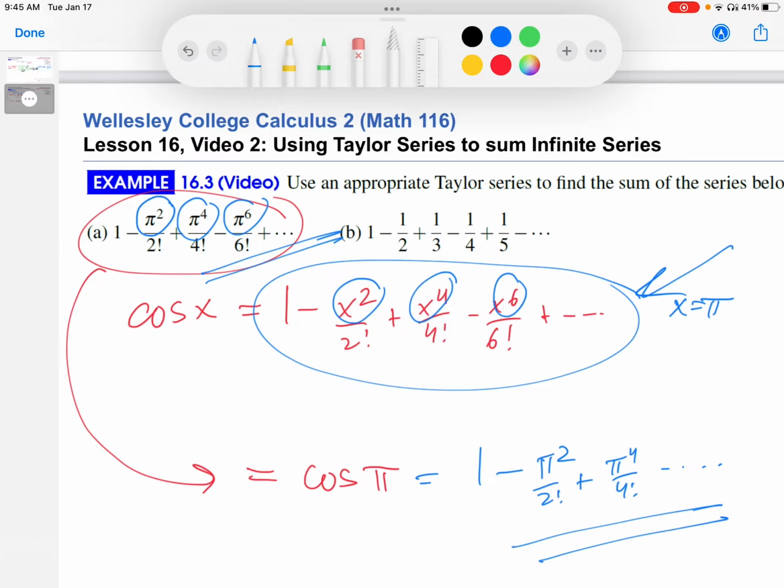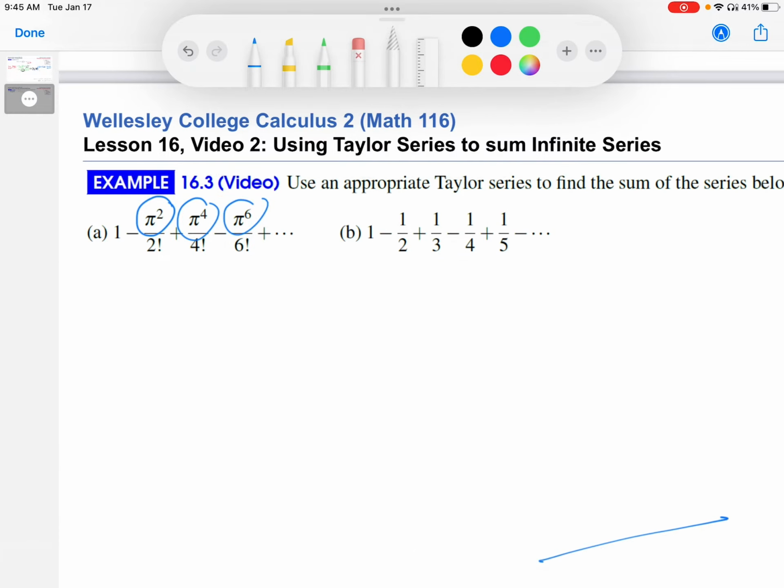Okay, so to clean things up, right, our basic claim, now that we've compared the infinite series with the Maclaurin series for cosine of x, our basic claim is that this thing equals cosine of pi. So that would be the sum. Now, very important, right? We have to also make sure that we are within the interval of convergence.